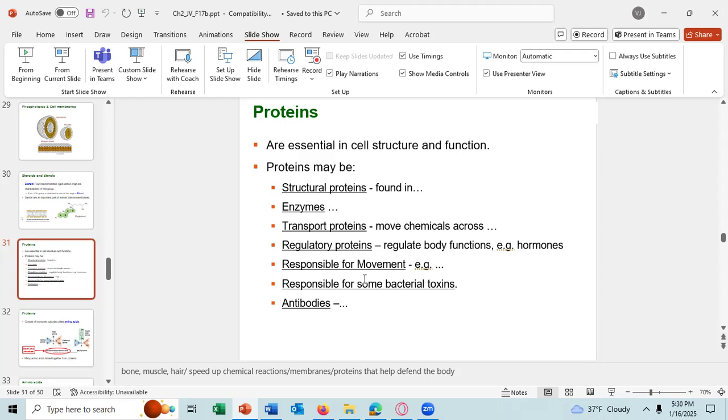Yes, they are more diverse. The reason they are more diverse is because they have more monomers making up the macromolecule, the protein or the polymer. And that makes proteins more diverse than any of the other biological molecules. Meaning there's a handful, maybe possibly up to 10, 15 different monomers of carbohydrates.